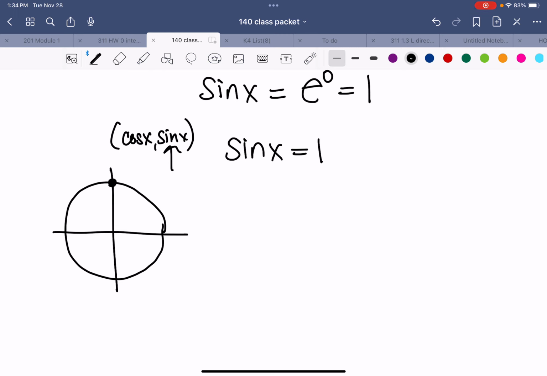Yeah, height of 1. Sorry, blanking on that one. So I want that coordinate to be 1, so 0, comma 1. So that means that this happens at x equals pi over 2, and then plus 2n pi.